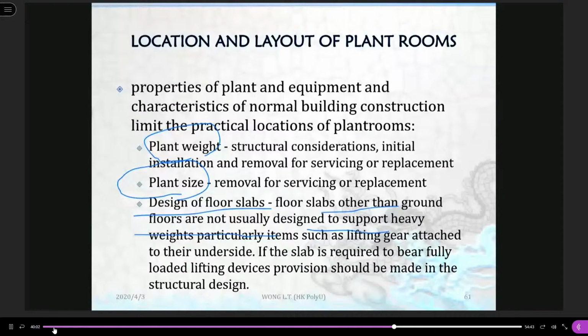Particular items require lifting gear attached to the underside. If a slab is required to bear the full load, lifting device provision should be made in the structural design, such as a hanger. Some hangers are pre-built in the plant room for lifting the equipment.